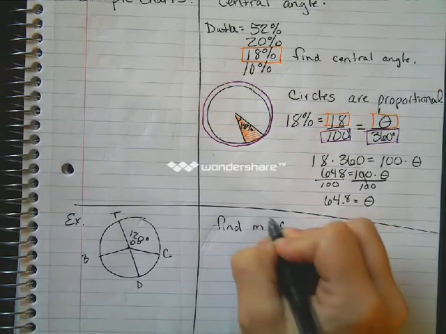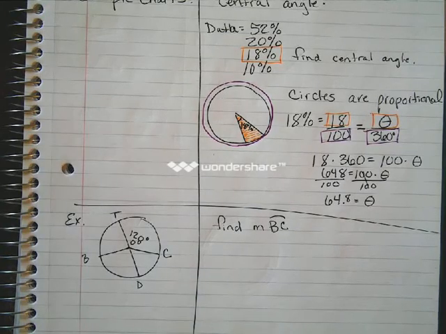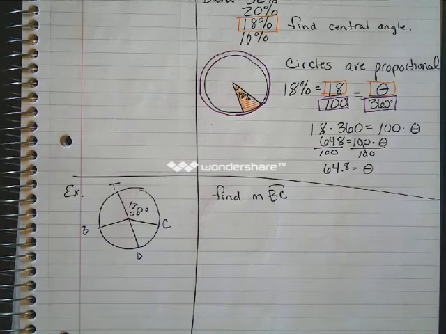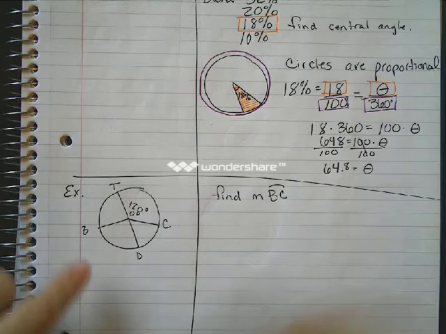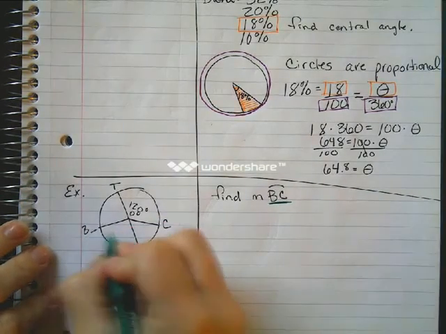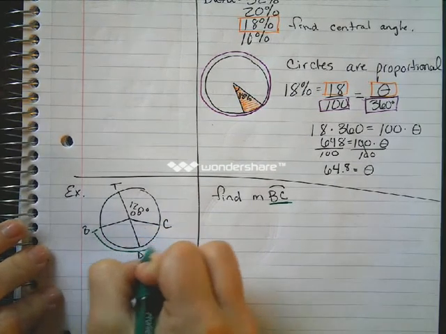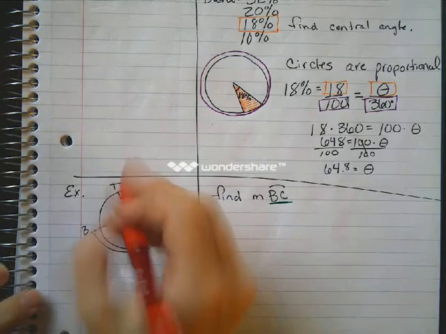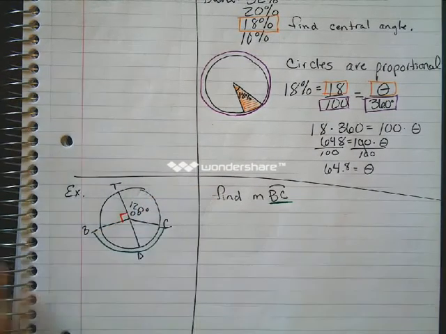Oh, I forgot to put one thing in the picture. This is a 90-degree angle. Okay. Well, in order to find this arc, we need this total angle, which means we can find these two angles and add them together. So, how do you find the measurement of arc BC? Well, you know that this is a diameter.